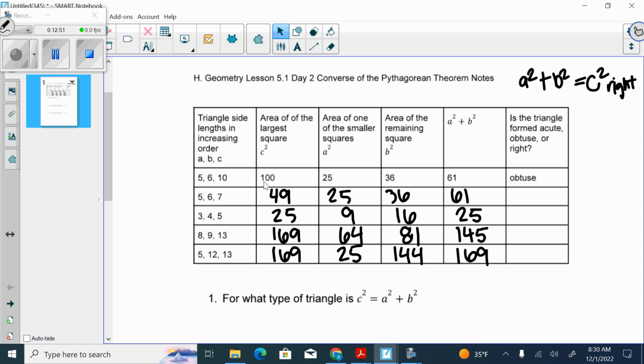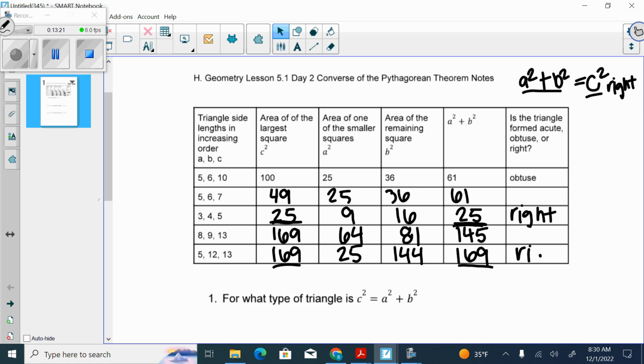So let's check and see if any of these gave us that. So this would mean whatever we got for A squared plus B squared would have to be the same as C squared. Do we have that on any of these rows? Yes. Right here, we got that these were both 25. So this has to be a what kind of a triangle? All right. Did it happen anywhere else? Yeah, on that bottom one, right?